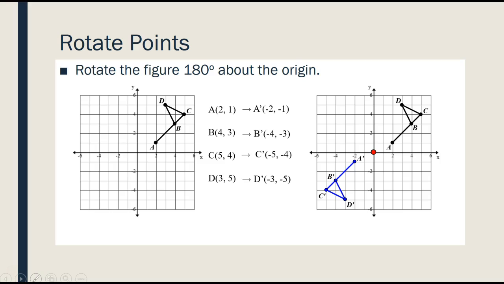What pattern have you observed? When we're rotating 180 degrees about the origin, each of our terms become the opposite. And again, you might see it in terms of A and B, but both of those essentially mean the same thing.